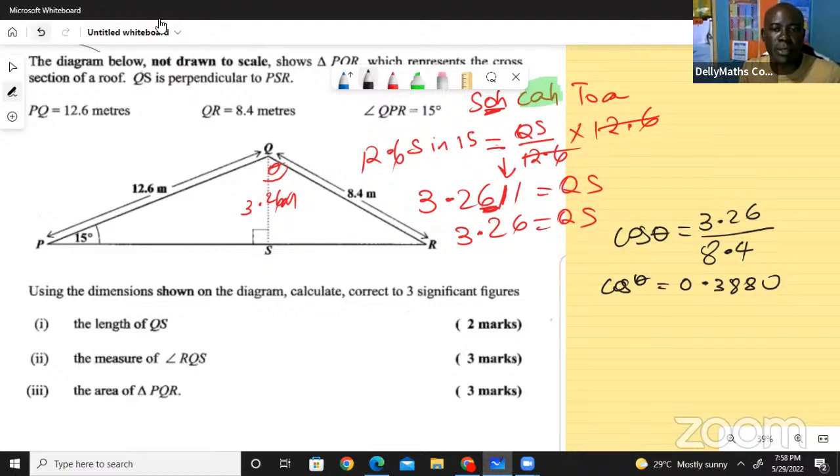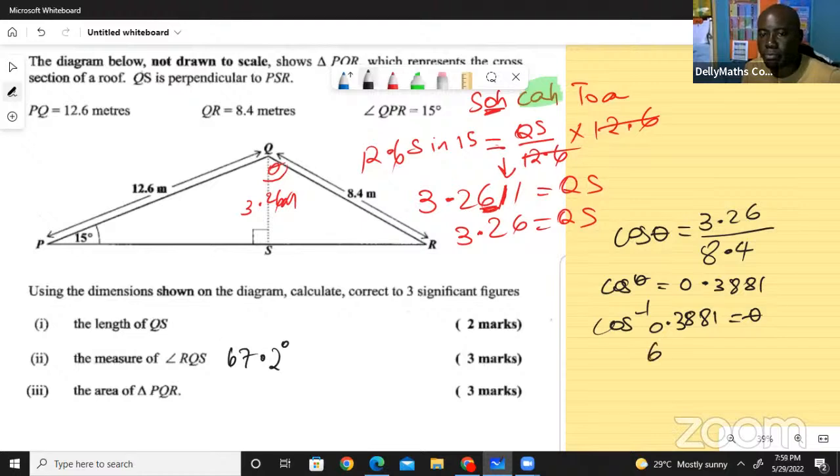Let me write it properly. All right, well. So then I have to take cos inverse of 0.3881, and it's going to give me that answer. So we go cos inverse 0.3881, and I'm getting 67.16. But three significant figures, 67.2 degrees for that angle up there.